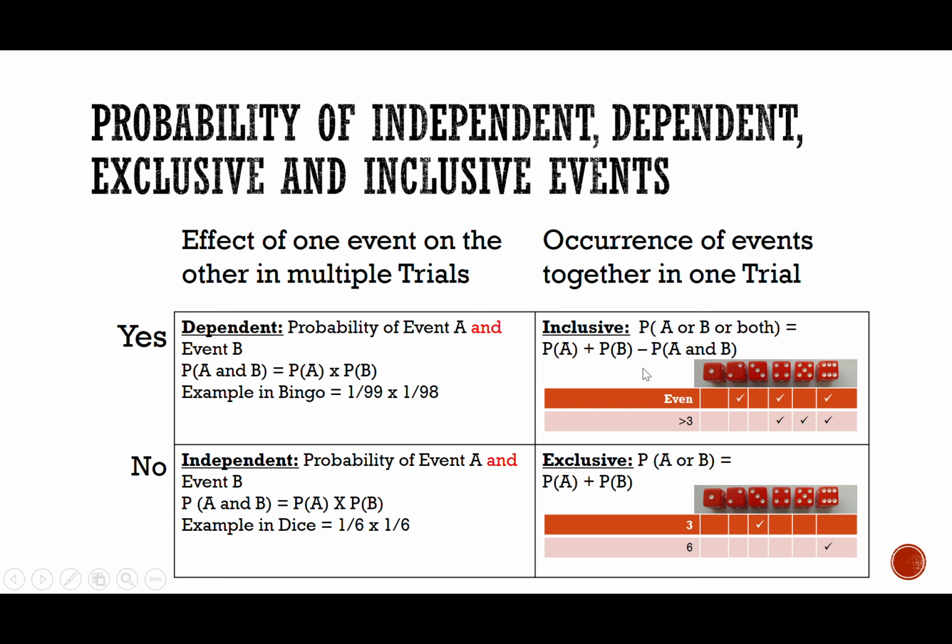Now in inclusive, we have minus probability of A and B, because when you add the probability of A and B, you are adding the events that occur together twice.